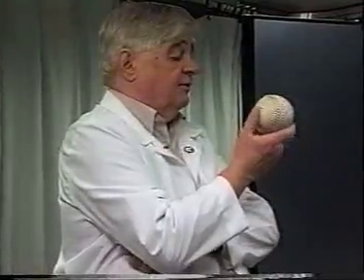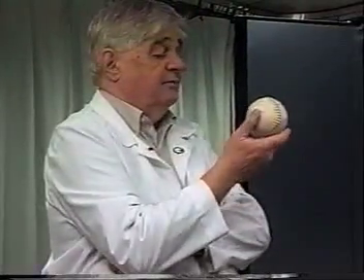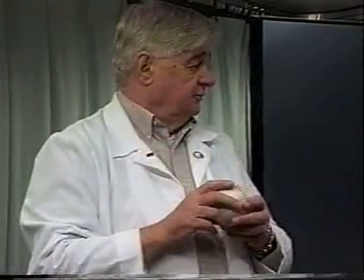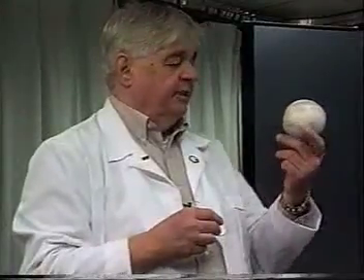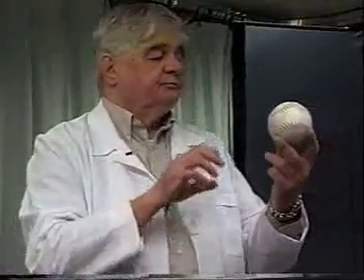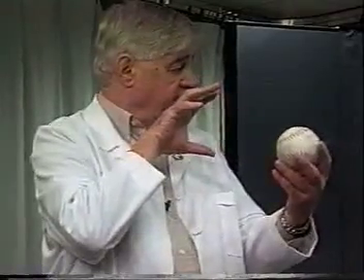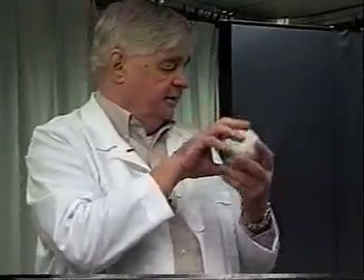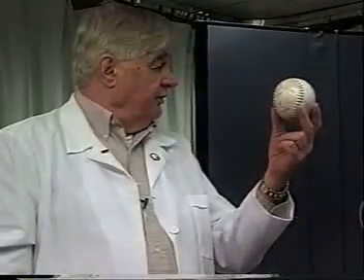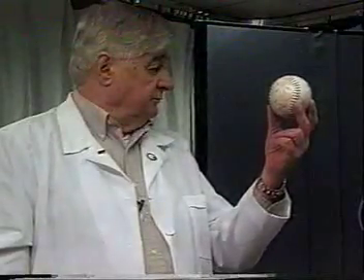So if I were to throw this ball at the speed of light, which is 186,000 miles per second, which is pretty fast, and Pedro can't do that, then the mass of this ball becomes much heavier, increased. That's one of the things in the theory of relativity: the mass changes a little bit.